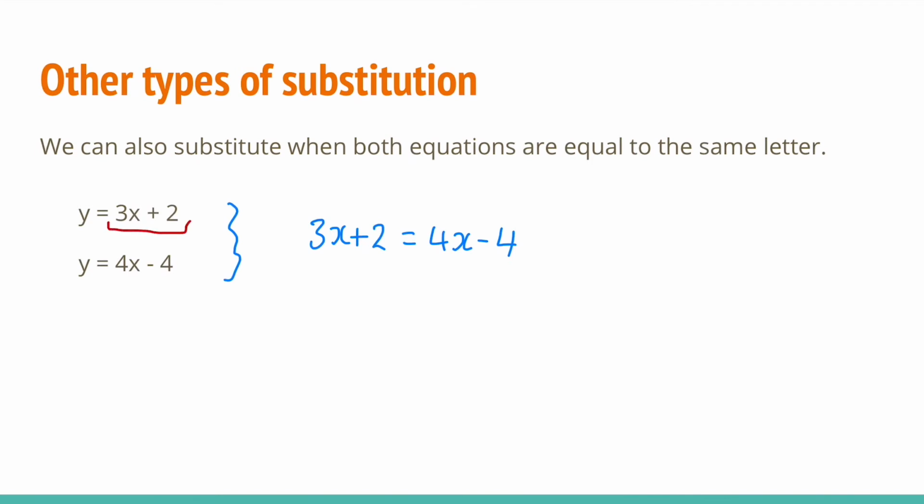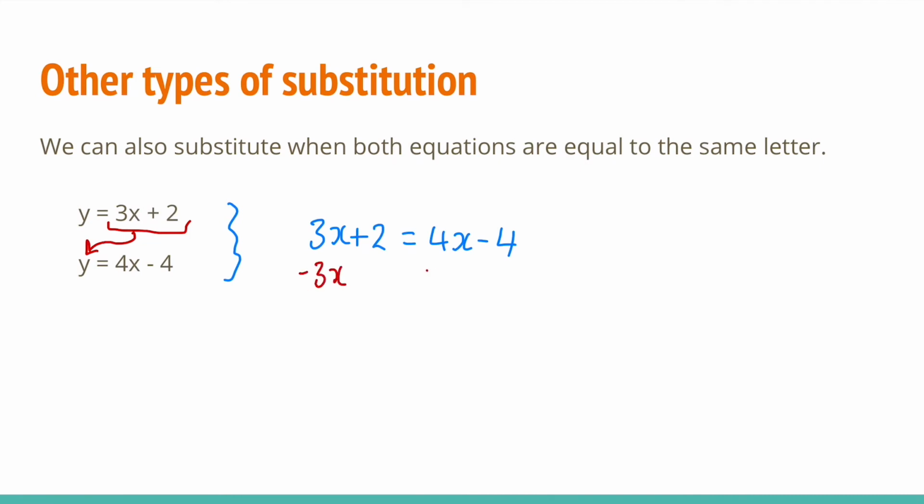You can either think of it as taking this value and putting it into y, or if they're both equal to the same thing, then y and y are equal, and so are 3x plus 2 and 4x minus 4. Now we can do what we did previously. We're just going to rearrange that equation and find x. We've managed to get rid of y, so we're just finding it for the one variable.